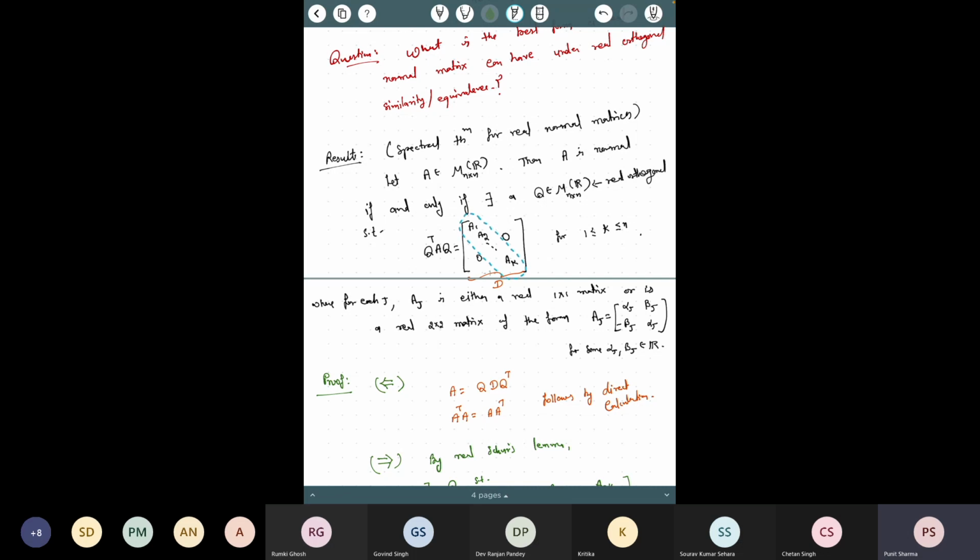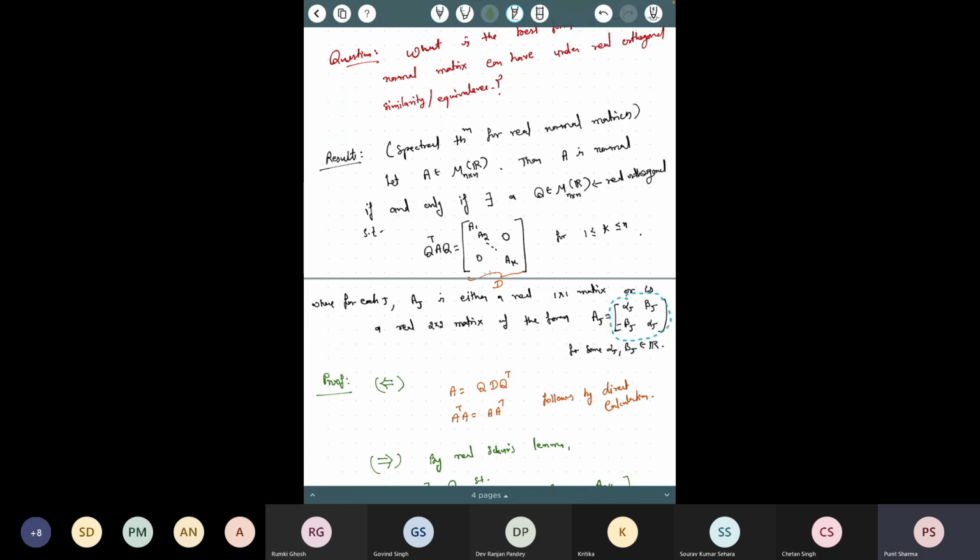If it is 2 cross 2, then it has this structure. That means this 2 cross 2 block has two complex conjugate eigenvalues. All right, so this is fine.